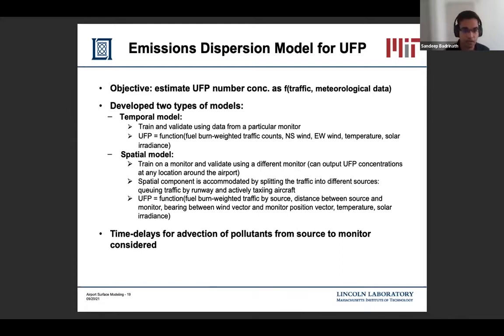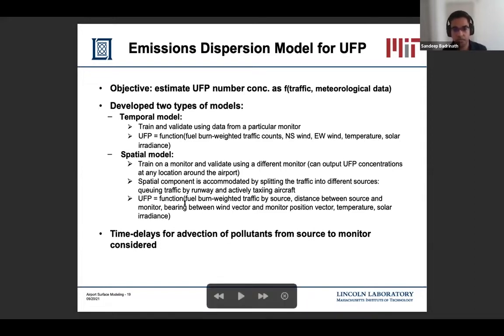Whereas in the spatial model, we train using data from 2 sensors and try to estimate ultrafine particle number concentration at any location in the vicinity of the airport. So this is a more general model, because we are able to estimate at any location on the airport.